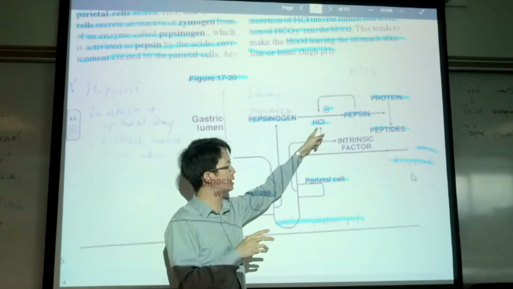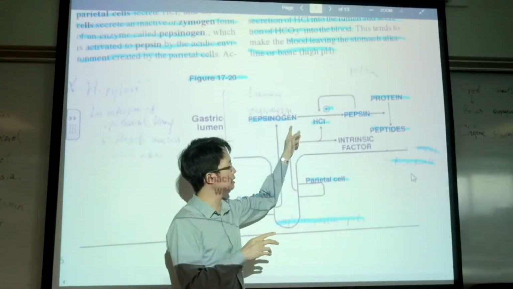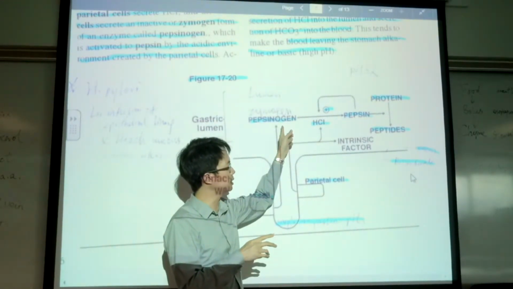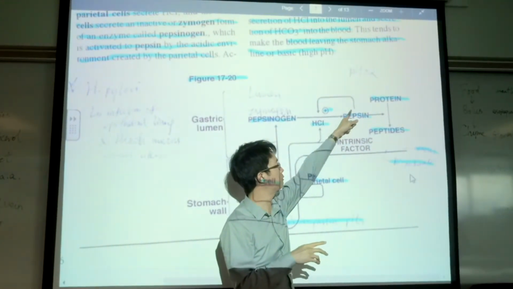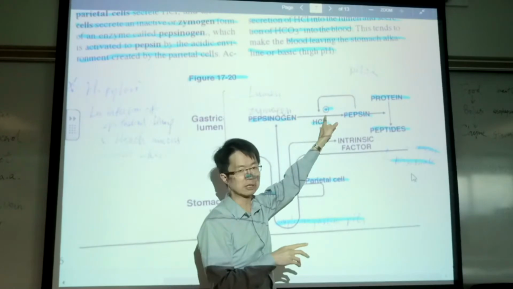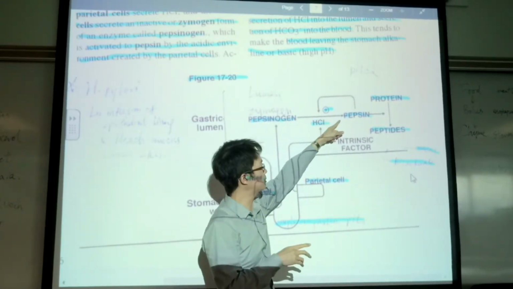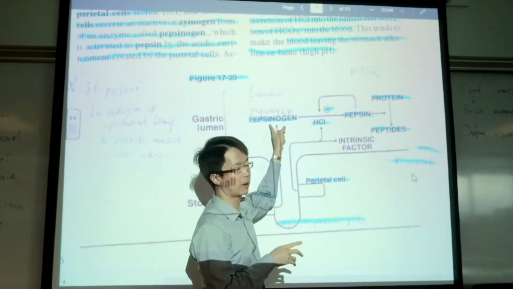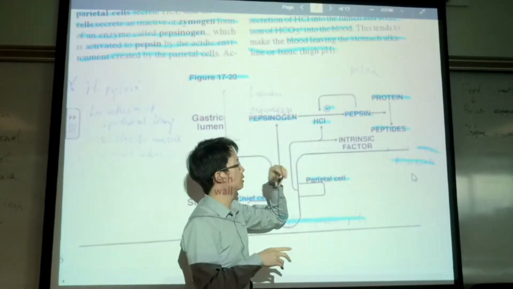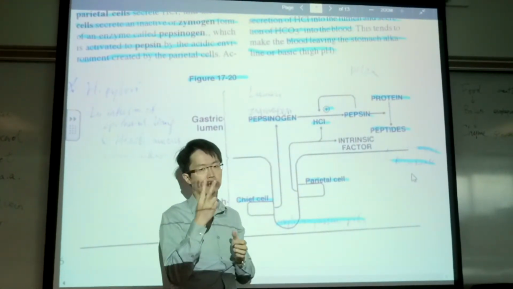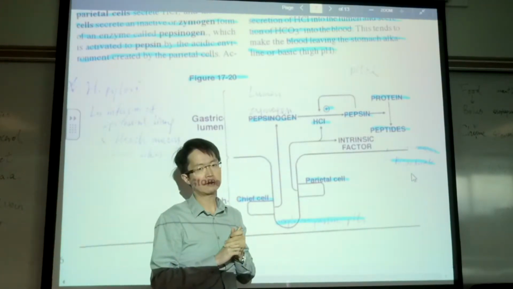So HCl, hydrochloric acid, will activate pepsinogen into pepsin, and after we have pepsin, it will go through positive feedback. So pepsin will also activate pepsinogen to become pepsin. So remember, there are two things that can activate pepsinogen.